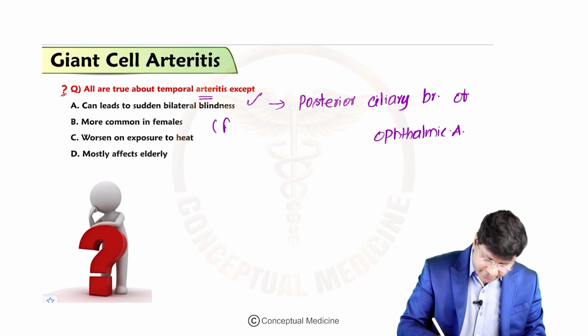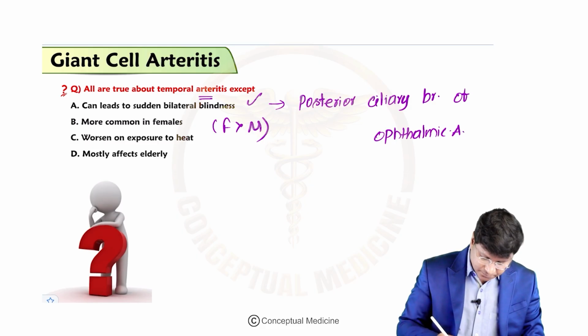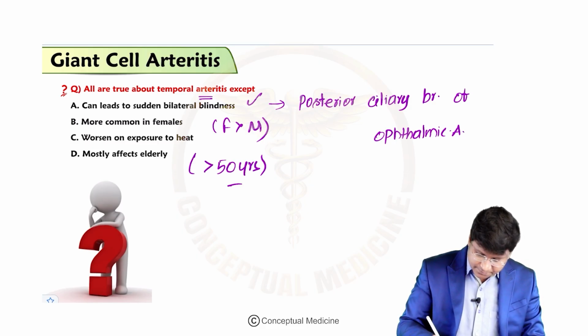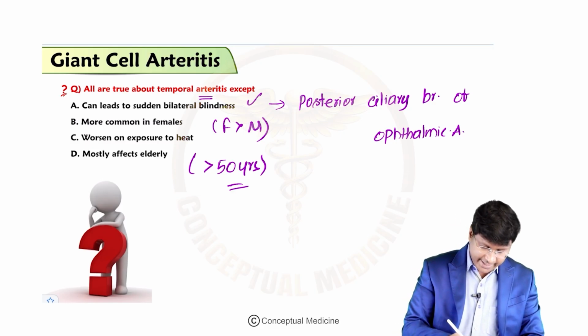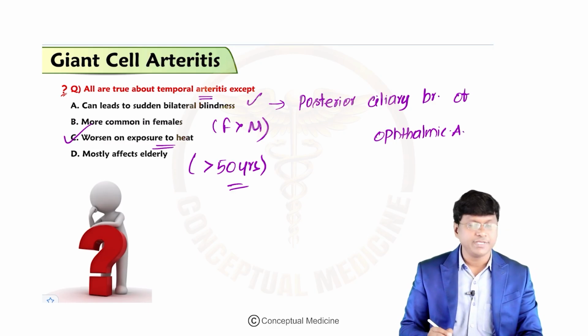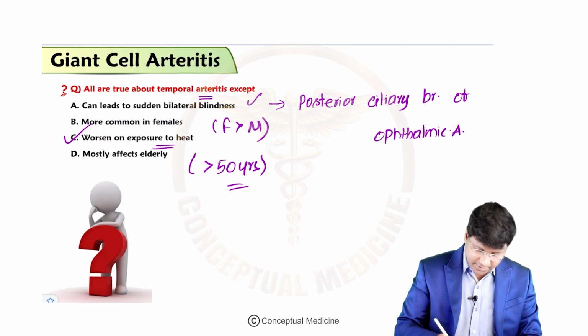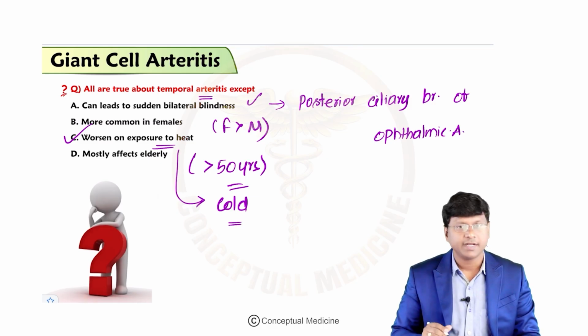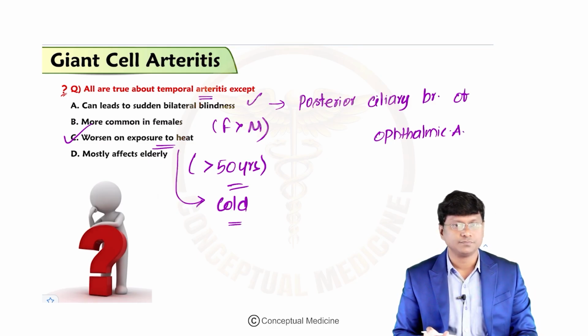It is more common in females, and most commonly affects elderly individuals beyond 50 years. Worsens on exposure to heat is the wrong statement. This worsens on exposure to cold.